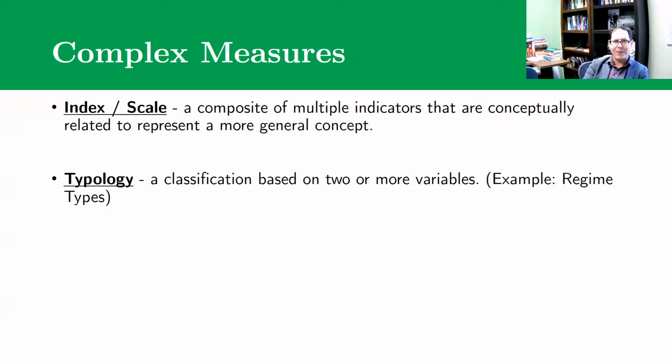Another example would be the polity scale. And so I'll talk about this because I'm going to talk about it later, where researchers identified something like 20 different attributes of authoritarian regimes and 20 different attributes of democratic regimes, and scored them in terms of are these things present or not present, and then just added up those scores to get a measure of how democratic or authoritarian a country is. Right? And so they're building it from a variety of different pieces.